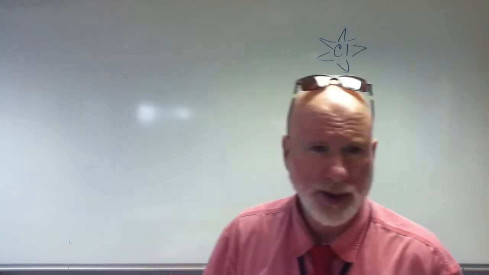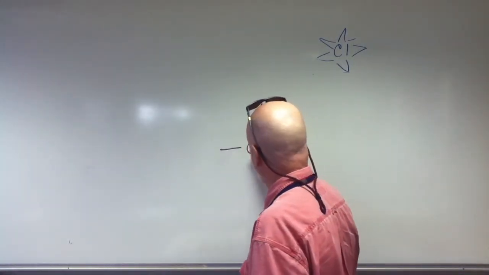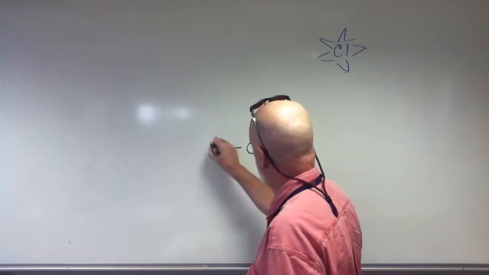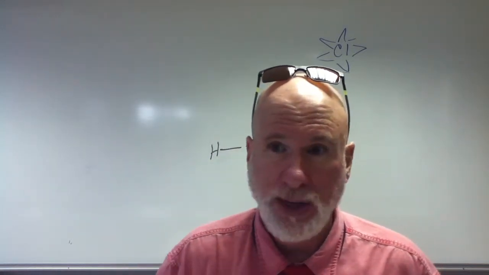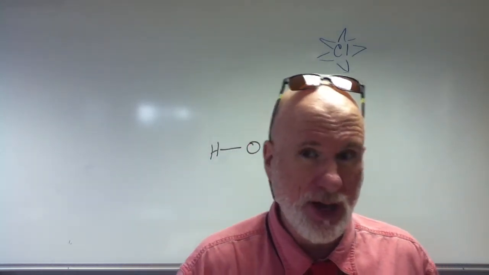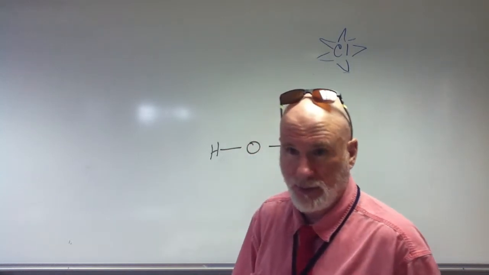So let's do water. We know that water is going to look like this. Now this is very important when you're talking about the polarity of a solvent, for instance. You need to know if something's going to be polar just by looking at the formula. So you really have to know chapter 8 and chapter 15 together, correct?